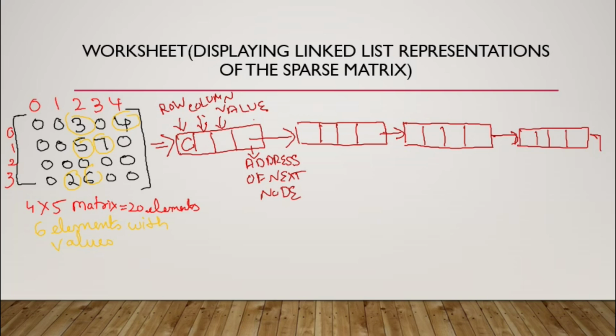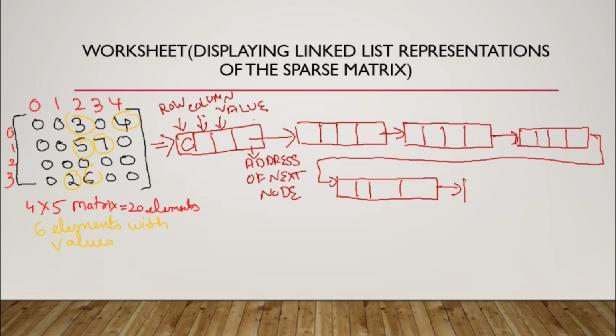As space is not there, I am just bringing it down and continuing here. And here it will be null, because the last pointer will always be pointing to null. So let us start filling the values in our representation.